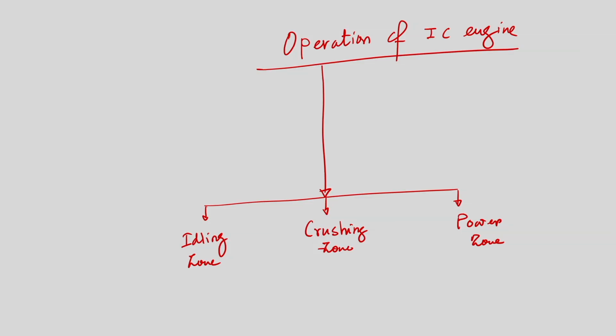If it is an intermediate load, then the engine is running in this zone. And if the power developed by the engine is so high, that is, the load demanded from the engine is very high, then the engine should run in this zone. So these three zones are basically defined based on the load at which the engine is running.